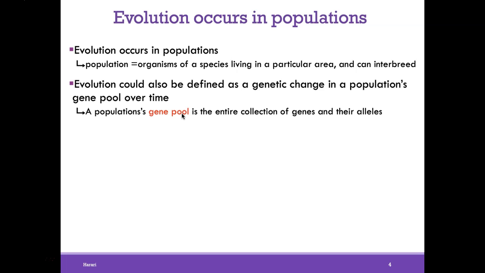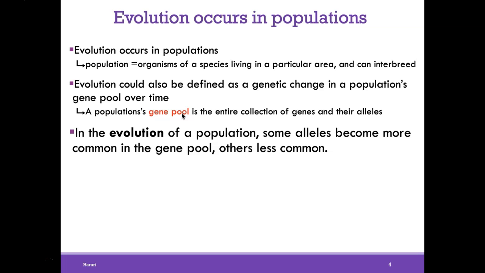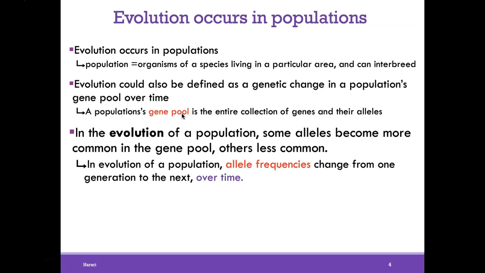A population's gene pool is the entire collection of all the genes and alleles of a population. So in the evolution of a population, we're going to see that some alleles become more common in the gene pool. Other alleles become less common in the gene pool. As populations evolve, allele frequencies change from one generation to the next. This happens over time, so we can't just have a population evolve in one generation.